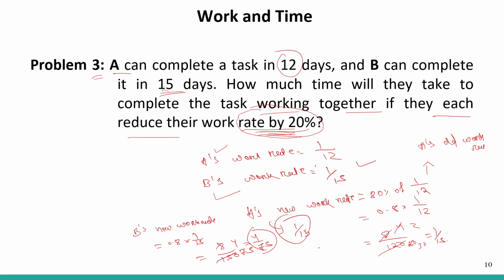Their combined work rate will be 4 by 75 plus 1 by 15. So this will be 4 plus 5 by 75, which is equal to 9 by 75. This is their combined work rate.